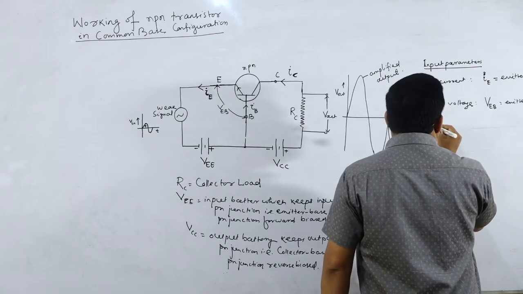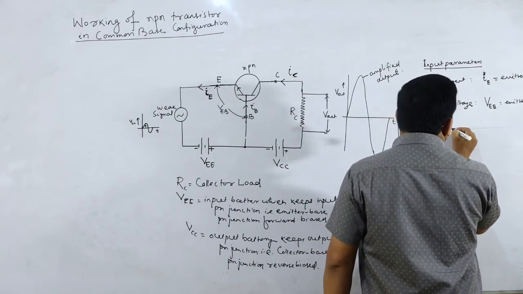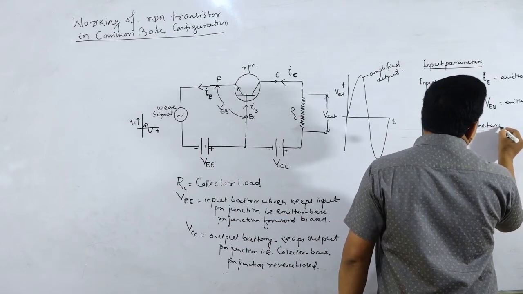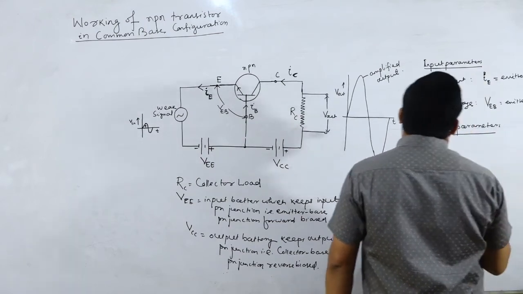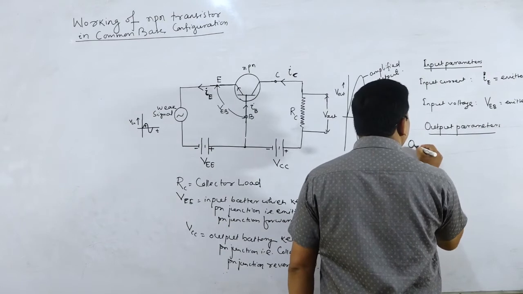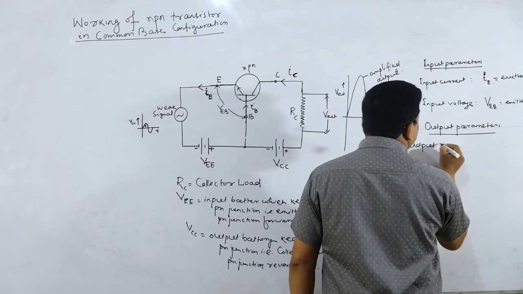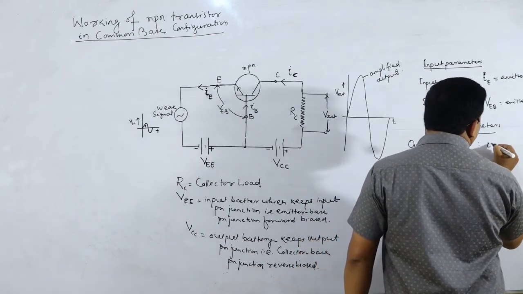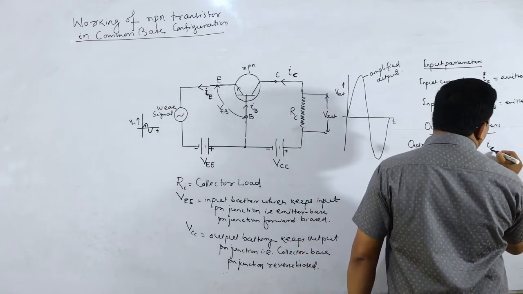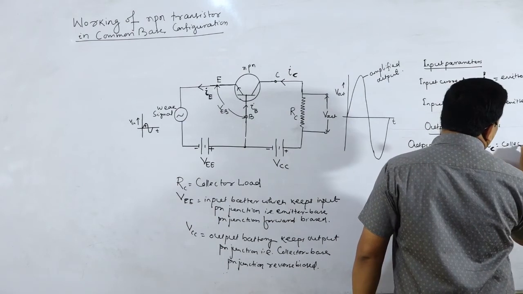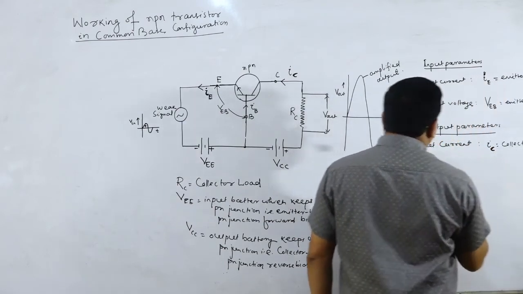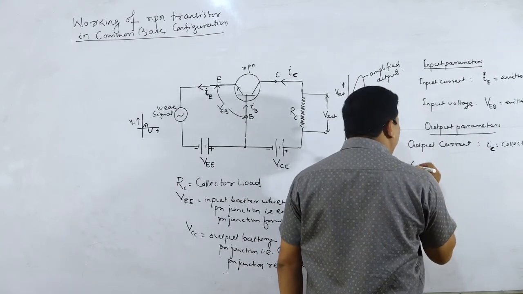Similarly, output parameters. What are the output parameters? Output current, here it is IC, the collector current, and output voltage.